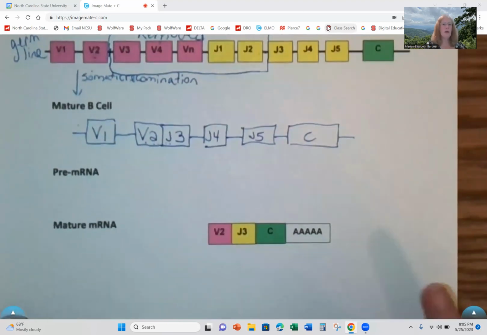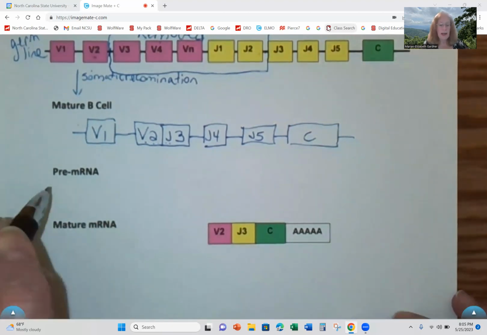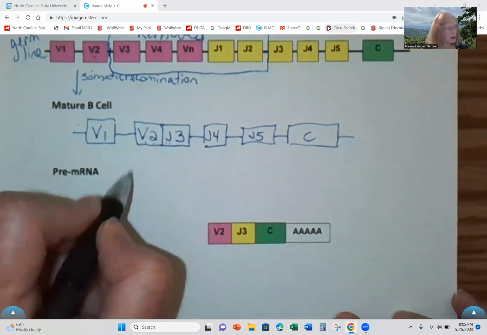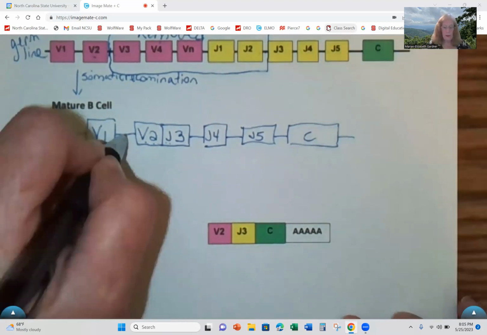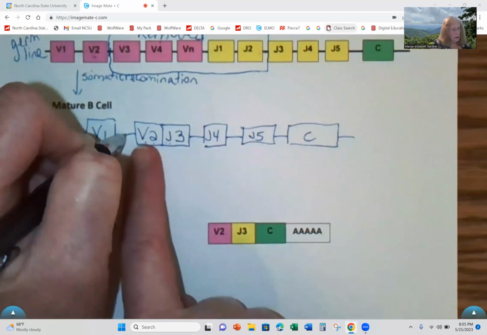Well, once we've got our mature B cell DNA, we have to transcribe it. And we make that primary transcript, the pre-messenger RNA. That's going to start transcription right here and go all the way down.